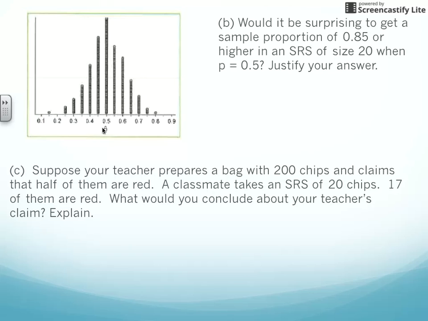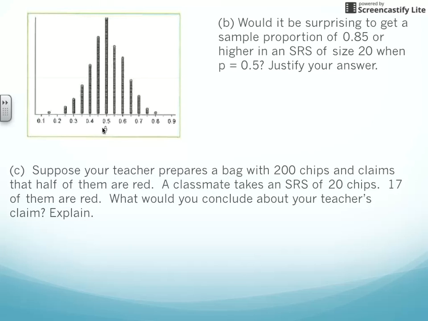So suppose your teacher prepares a bag with 200 chips and claims that half of them are red. A classmate takes an SRS of 20 chips, and 17 of them are red. What would you conclude? If 17 are red, then your proportion is 17 out of 20, that's your 0.85. Okay, so the student's result gives strong evidence against the teacher's claim.